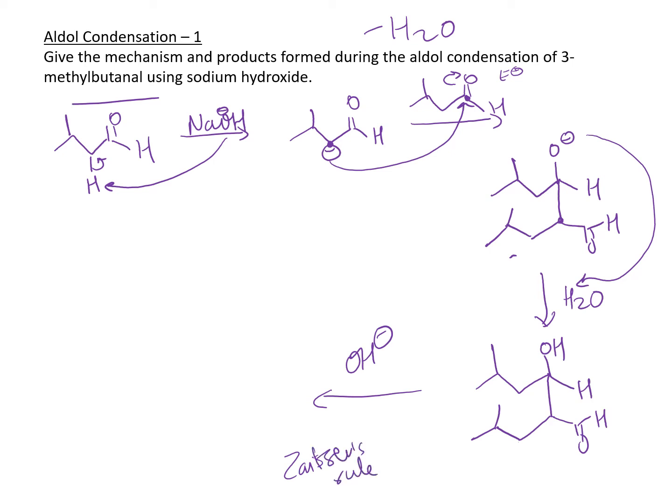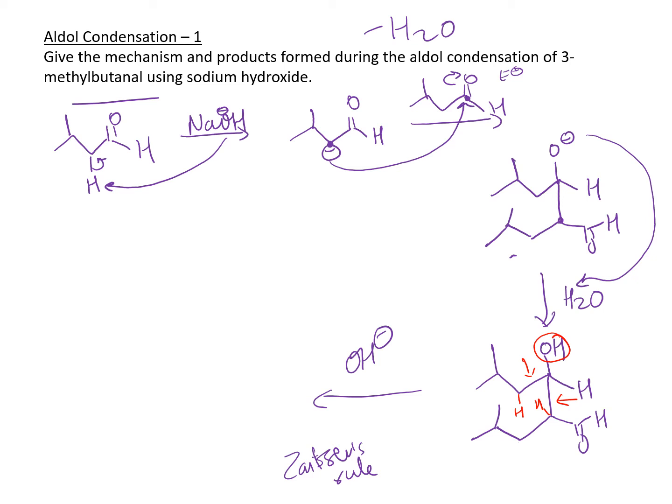Zaitsev's rule says that you're going to form the more substituted alkene. All right, so in this case, it doesn't really matter whether you form the alkene here or you form the alkene here. Remember, this is the OH that has to go away. So either you take this proton or you take this proton. It doesn't matter. And in this case, maybe you end up getting 2 alkenes, but we're just going to focus on one, okay, over here.